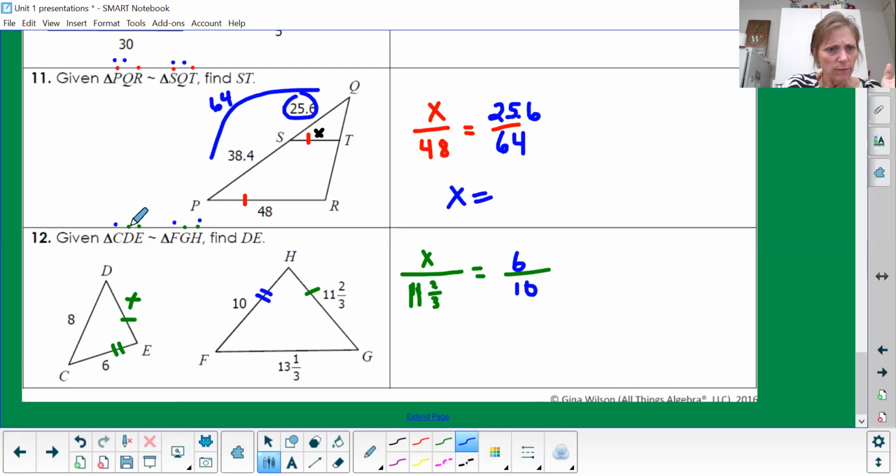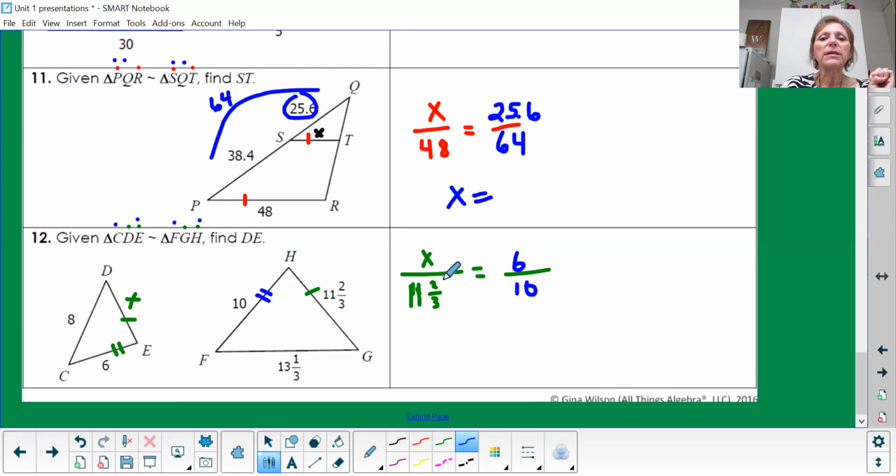From C to D, I'm sorry, from D to E is X. G to H is 11 2/3. Okay, got that. And then 6 is C to E, blue. F to H is 10. Okay, so here we go.